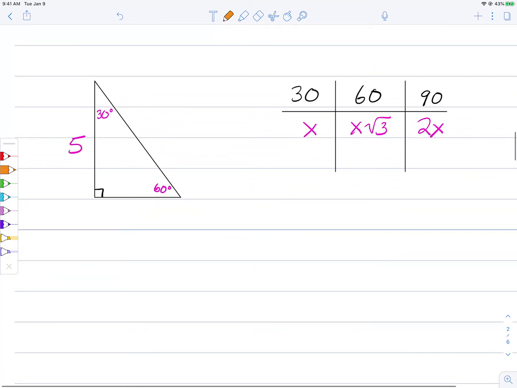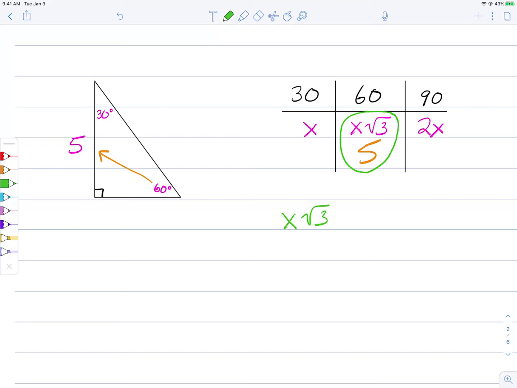I've found the missing sides of that triangle. Okay, let's say we have this triangle. Across from the 60 degrees is a 5. I'm going to put that into my table right there. My table is just organizing my thought process, and this is why it's important to have it organized. This is how we're going to find the x value, the key number for this particular triangle, because x root 3 is equal to 5.